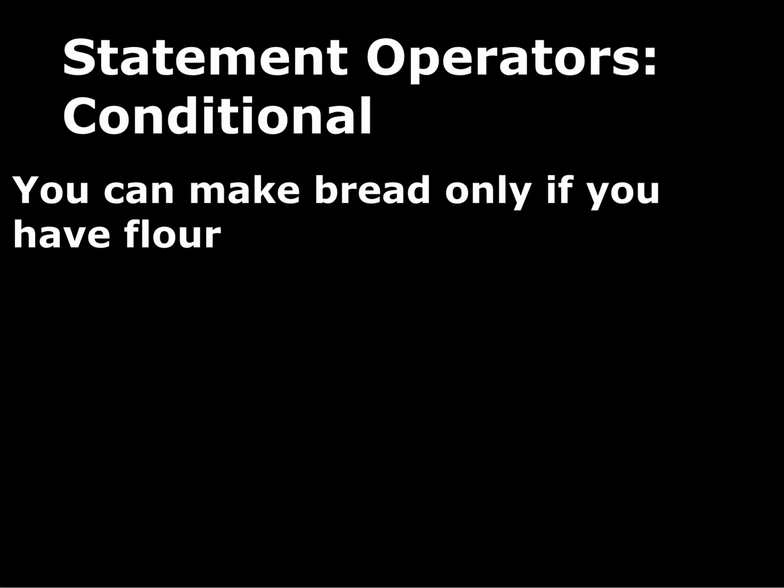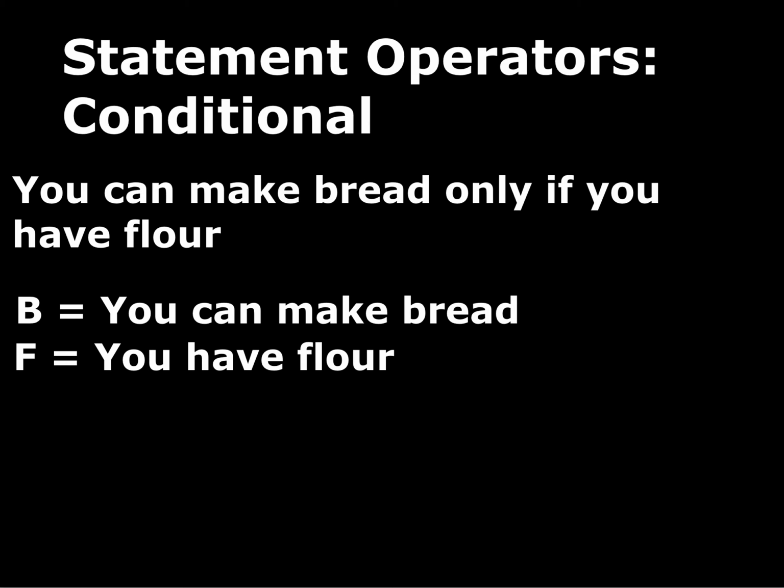Next example. You can make bread only if you have flour. Atomic statements: you can make bread, you have flour. And if I plug those back in, I have B only if F. Well, here we're dealing with only if. It's still got the word if in it, so we know it's a conditional.